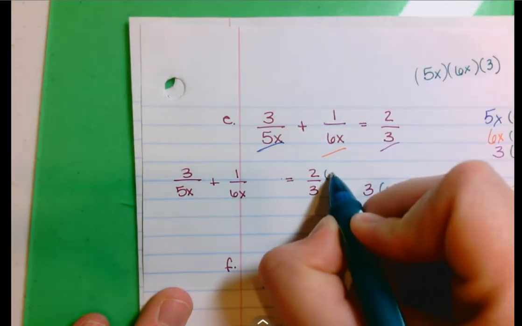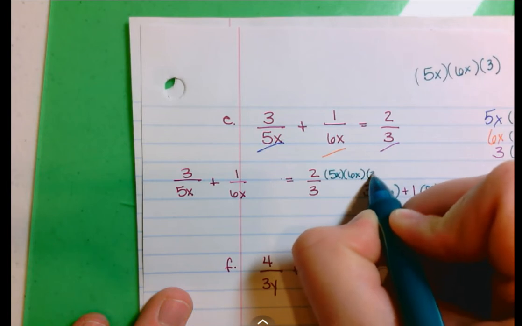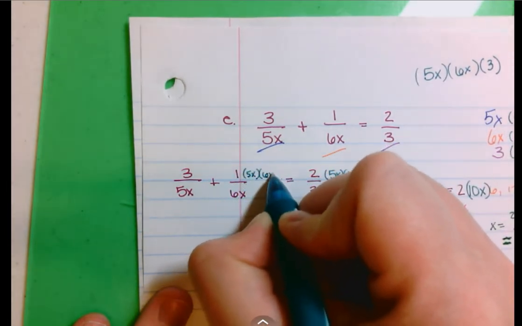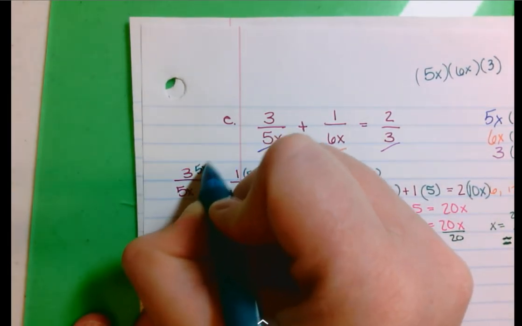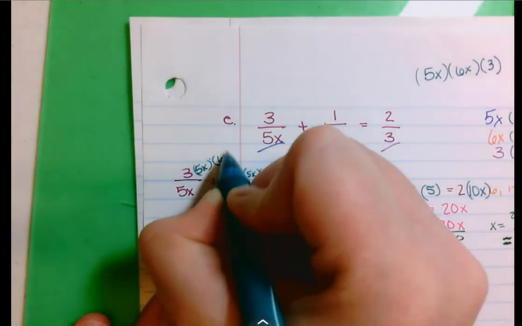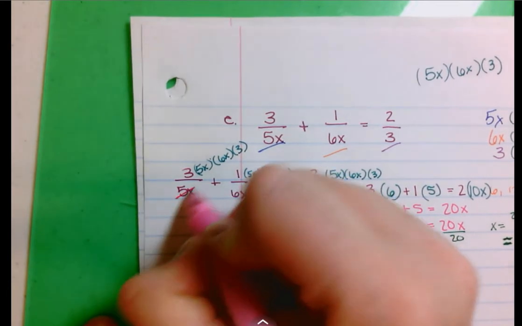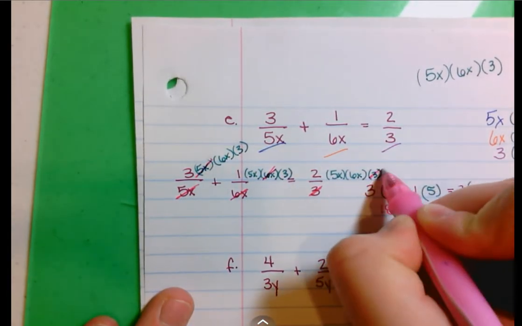So I'm going to take each number times 5x times 6x times 3. So canceling, 5x cancels with 5x, 6x cancels with 6x, 3 cancels with this.